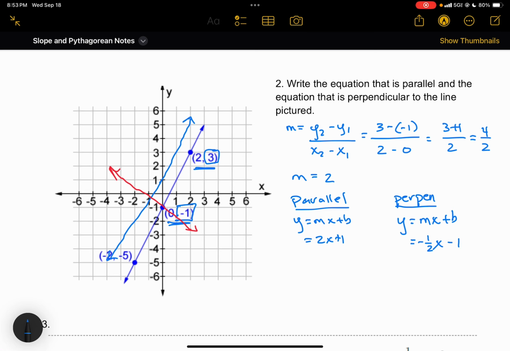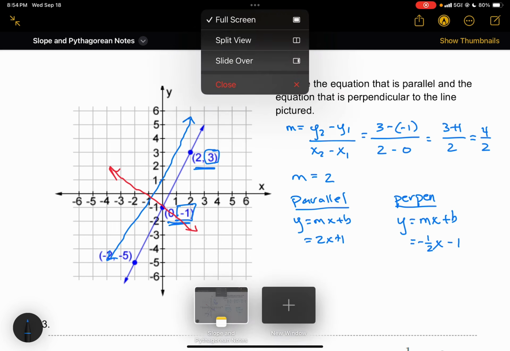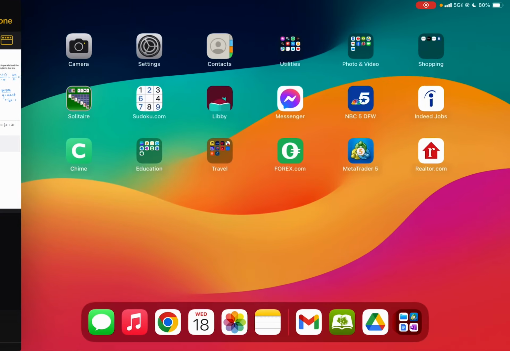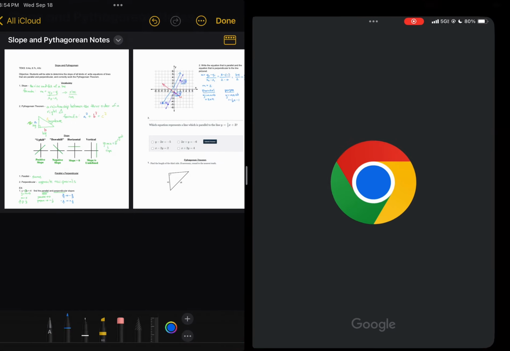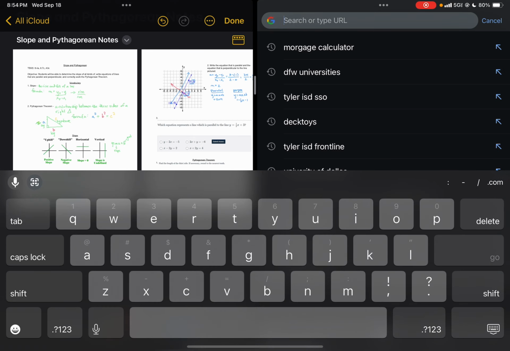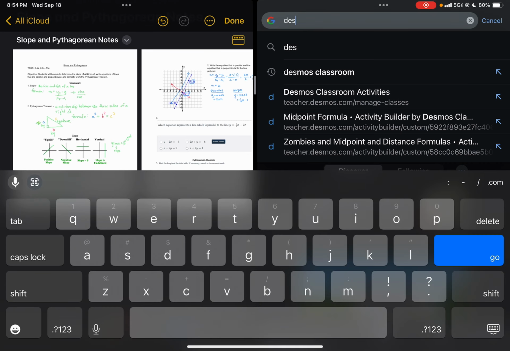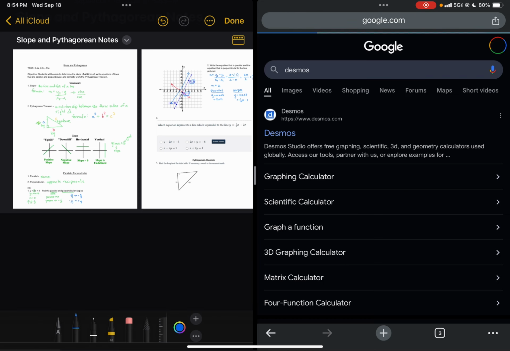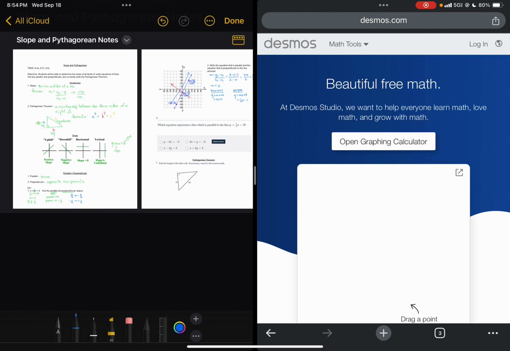Okay? Let's look at another one. Let me pull up Desmos. Y'all, I'm tired. We need Desmos. Nope. Desmos, not Classroom. There we go.